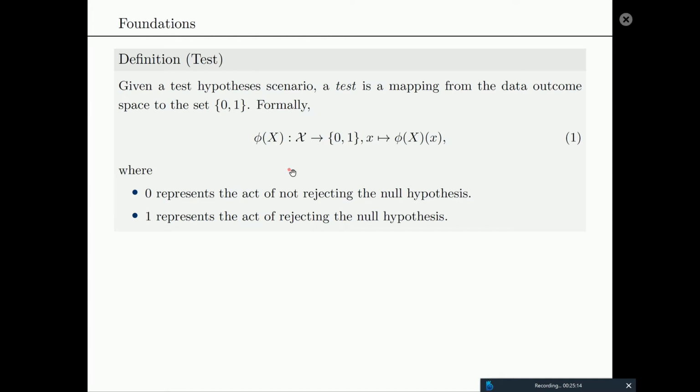The important thing is that when thinking about error probabilities of tests, the test is viewed as a random variable. Why is it viewed as a random variable? Because it's a function of the data. And this I include here with this x in brackets.